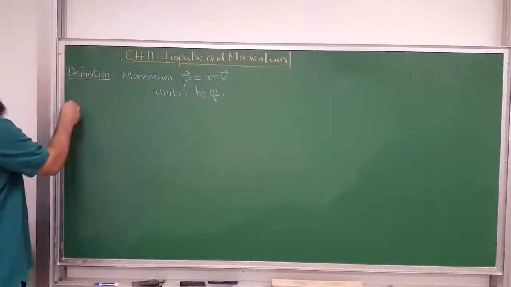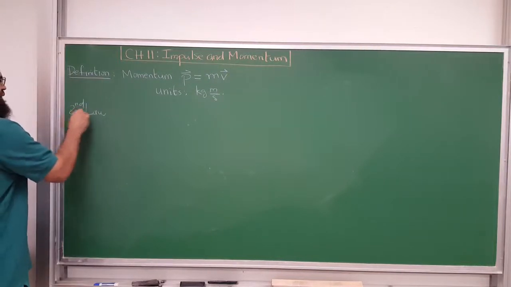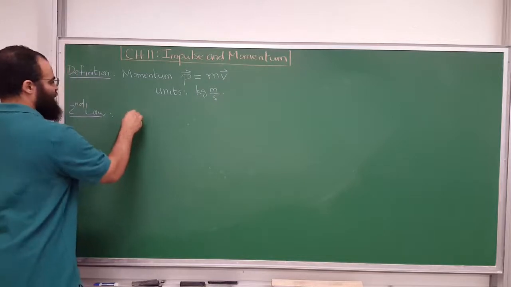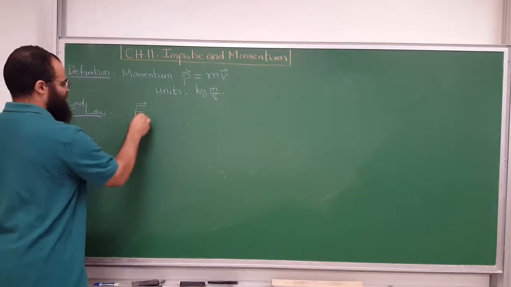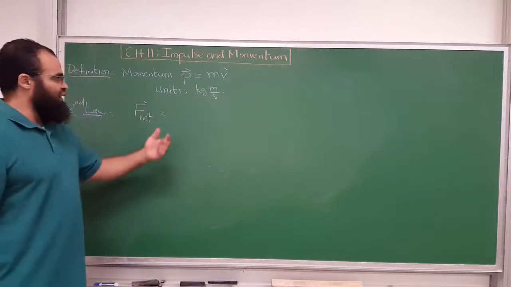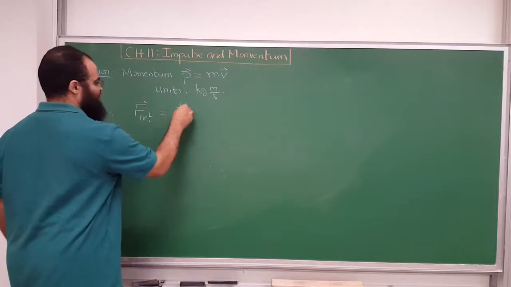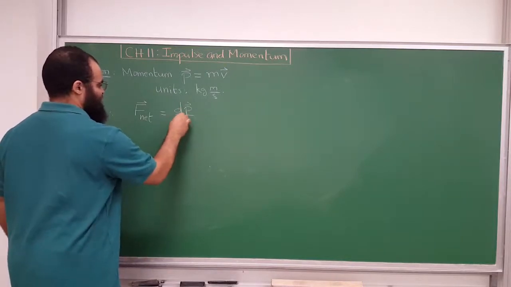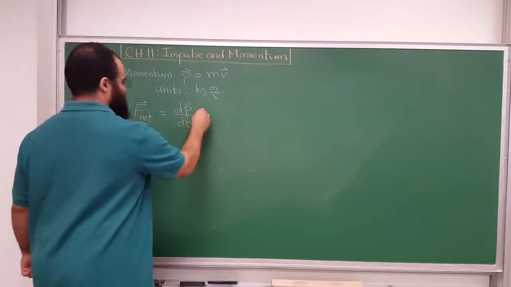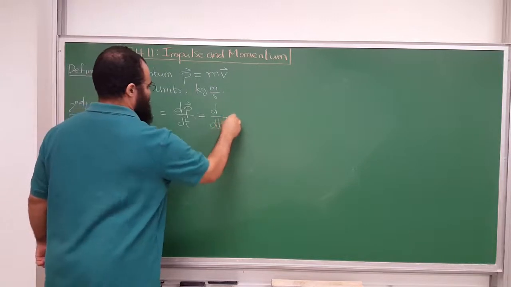Newton's second law. We mentioned a while ago that the net force on an object was actually formulated by Newton himself as the rate of change of momentum, dp/dt. If you take this derivative, you will have d/dt of mv.